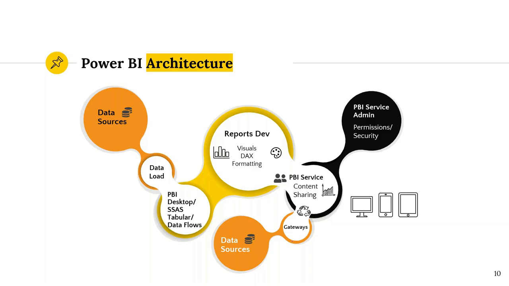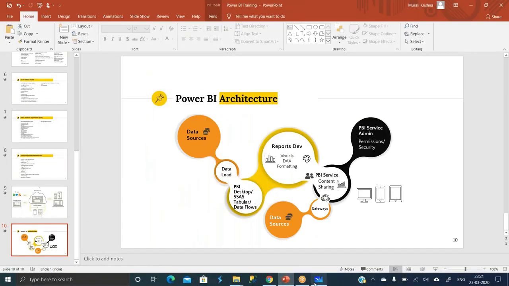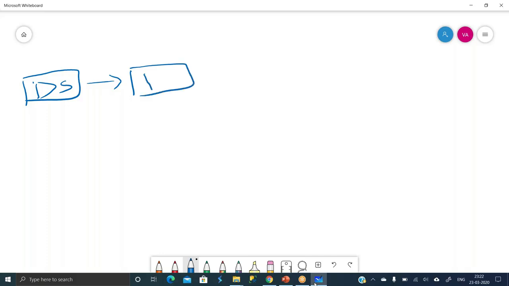Now we'll see what exactly the industry follows, what approach, because there are many approaches in Power BI. For example, this is the first approach and the widely used approach. Let's say we have data sources, let's call it DS. From here, we are going to load that to Power BI Desktop. Let's call this PD.